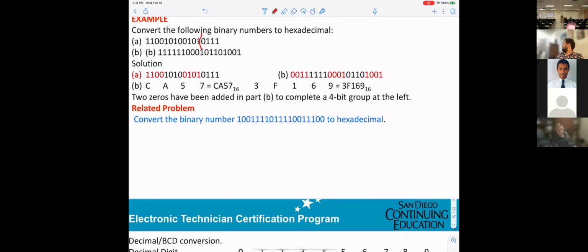1, 2, 3, 4. 1, 2, 3, 4. 1, 2, 3, 4. Now you just convert each one. 1, 1, 0, that means you get C. 1, 0, 1, 0, you get A. 0, 1, 0, 1, you get 5.